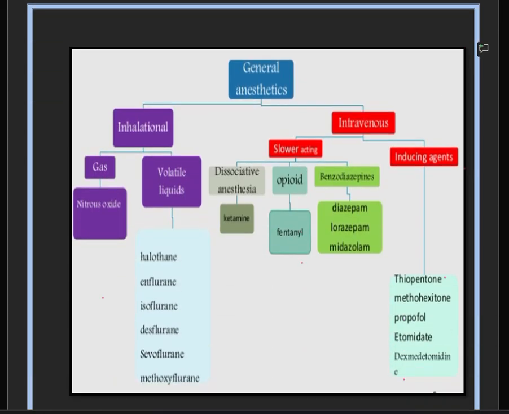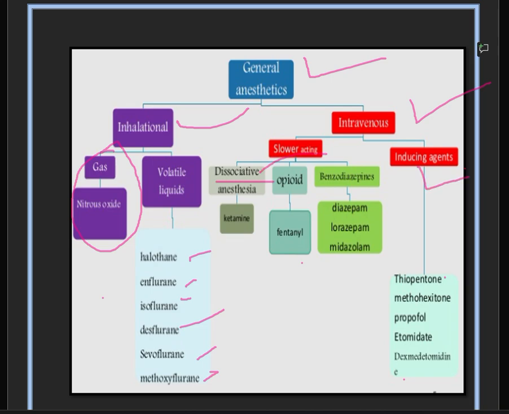So this is the basic and important tree diagram of general anesthesia: inhalation and intravenous. Gas is nitrous oxide, and volatile liquids are halothane, enflurane, isoflurane, desflurane, sevoflurane and methoxyflurane. The second one is intravenous, which has slower acting and inducing agents.